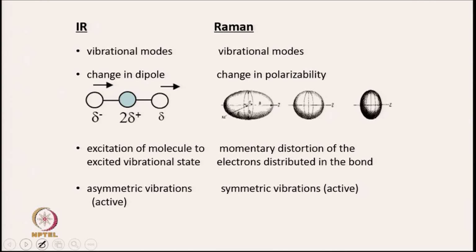In IR, excitation of molecules happens to an excited vibrational state, whereas in Raman spectroscopy there is momentary distortion of the electron distribution in the bond. In IR, only asymmetric vibrations are active, particularly for a triatomic linear molecule. In Raman, symmetric vibrations are also active.